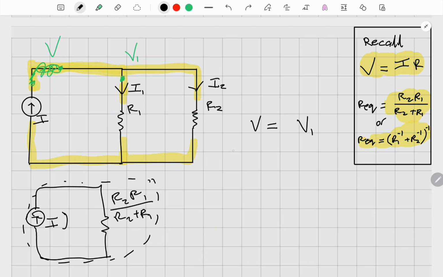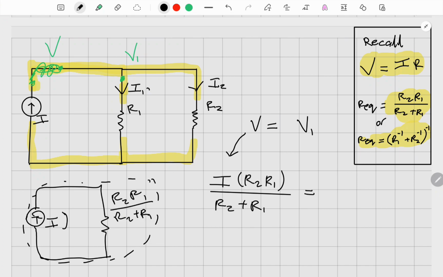So we have I, I'll write over here, I times R2 times R1 divided by R2 plus R1 is equal to V1.